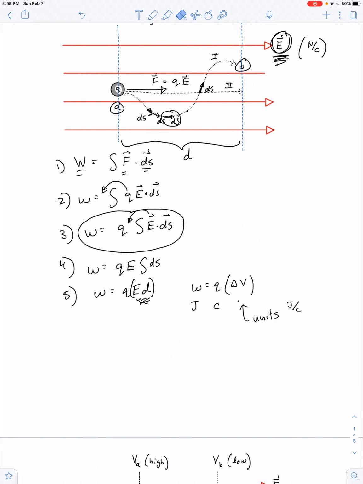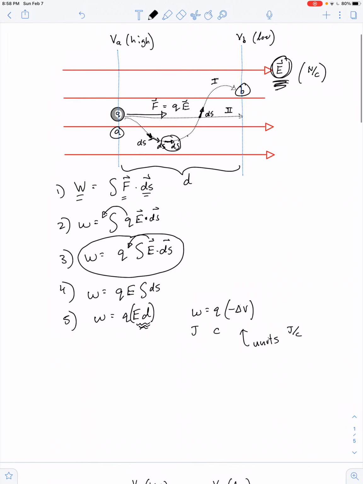Actually, I changed my mind. We'll explain why I have to make this distinction. This would actually be negative delta V. Well, actually, I think we can understand that pretty clearly. Look, in this example, the force and the electric field are in the same direction.